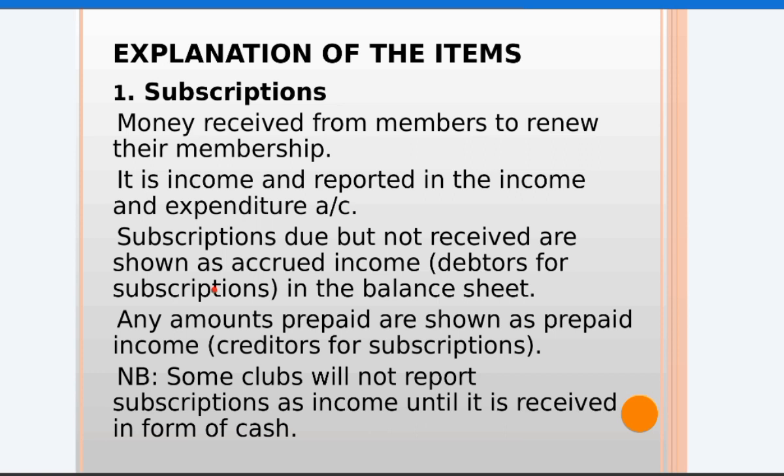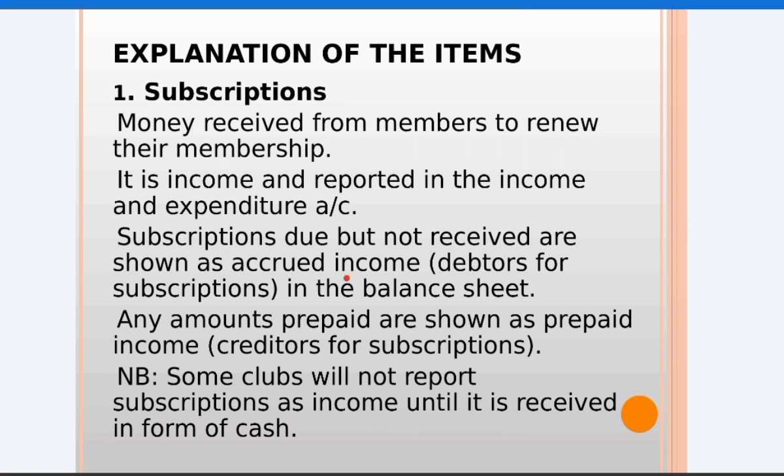So debtors for subscriptions are those subscriptions that are due but not yet paid. So the organization is supposed to have received them, but it hasn't received them. Therefore, you treat them as debtors for subscriptions, and they will be treated as current assets in the balance sheet.